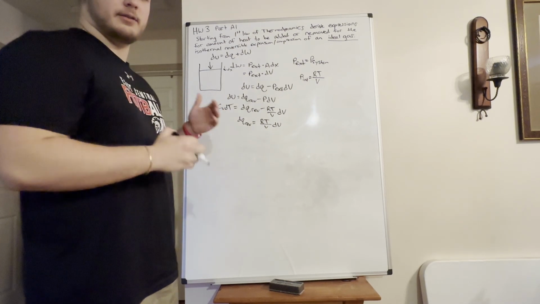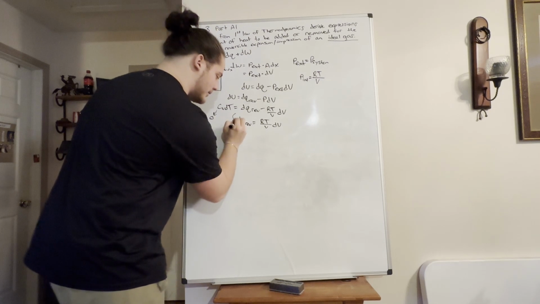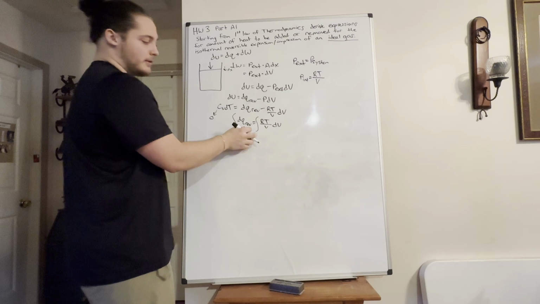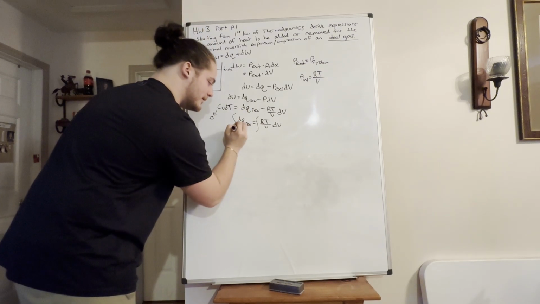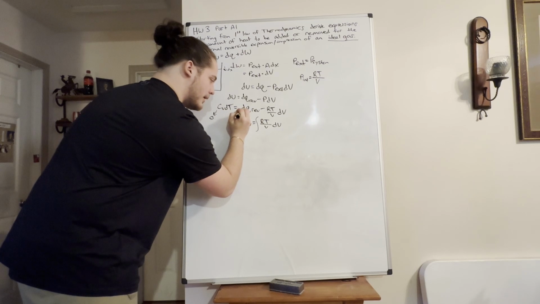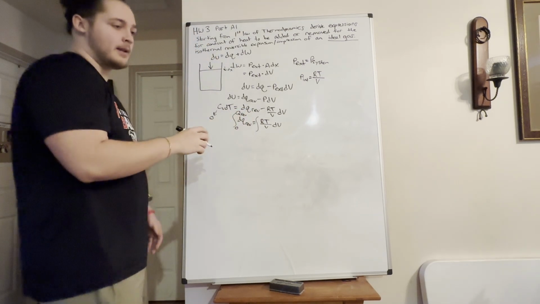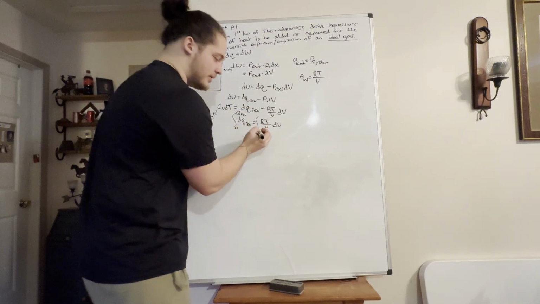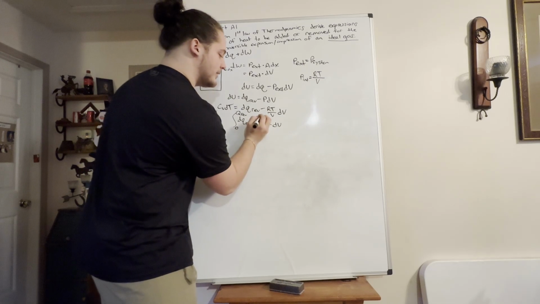And to further derive this expression, we can integrate both sides. On the left side, for our dq reversible, we can integrate from 0 to the amount of heat needed reversibly, q rev. And on the right side, we are going to integrate from our first volume to our second volume.